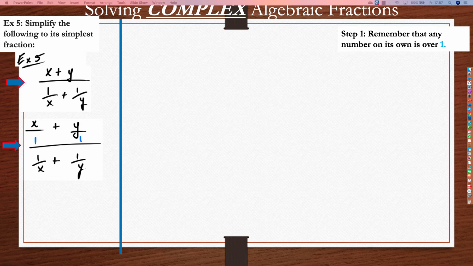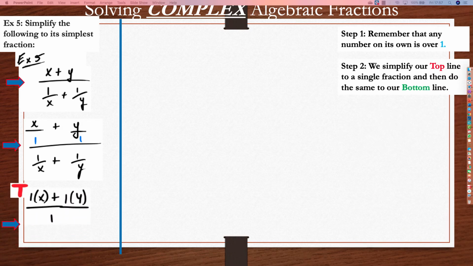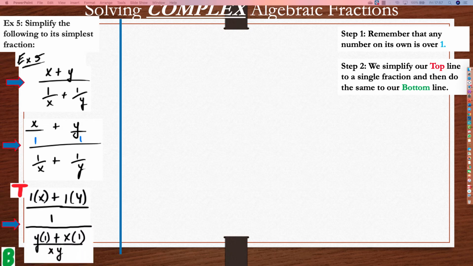What do you do in the top one? Exactly. Common denominator is 1. So you go 1 times x plus 1 times y. Common denominator in the bottom is xy. And you get y by 1 plus x by 1 over xy.